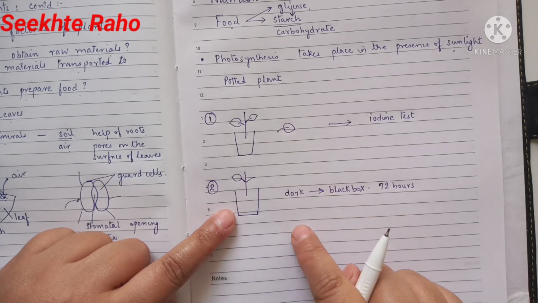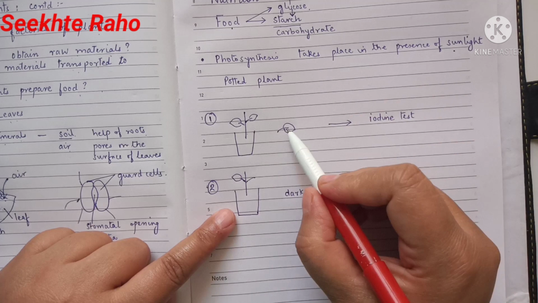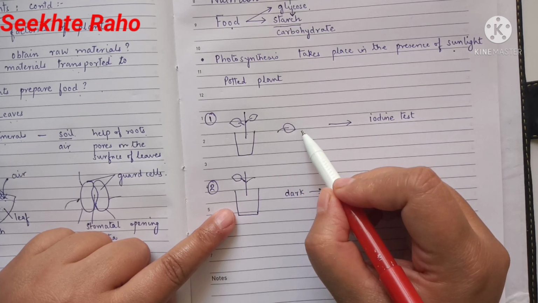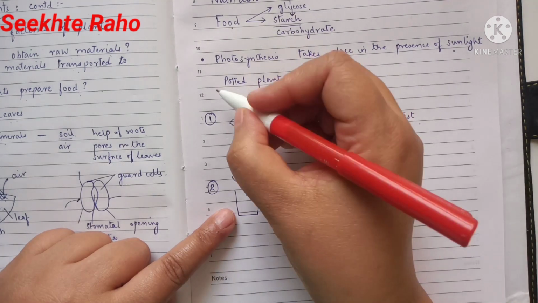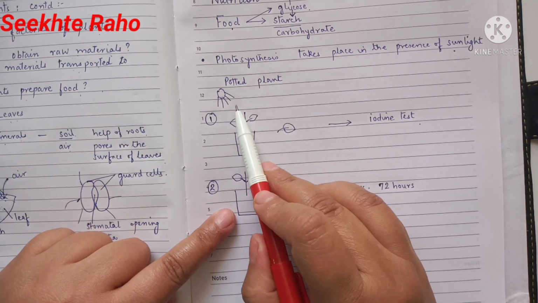Children, we can take the same plant also. We can take two different plants also simultaneously. We can perform this activity in both ways. So I am taking only one potted plant. In the first case, we are plucking its leaf, right? And performing the iodine test. This plant was kept in sunlight.